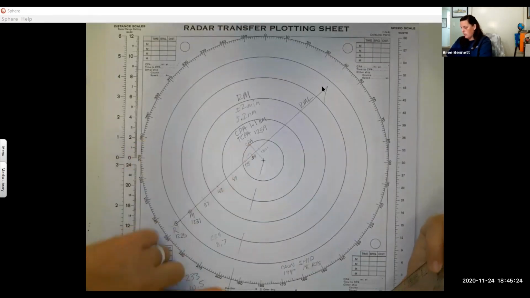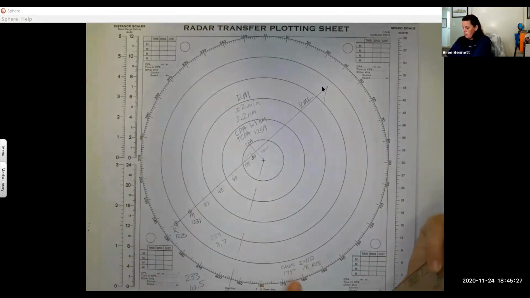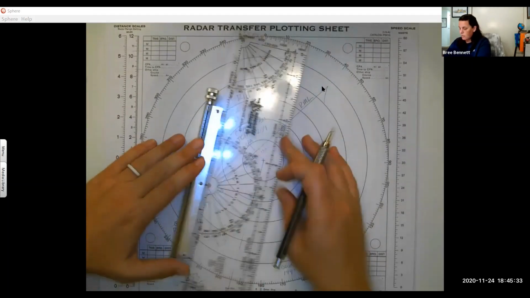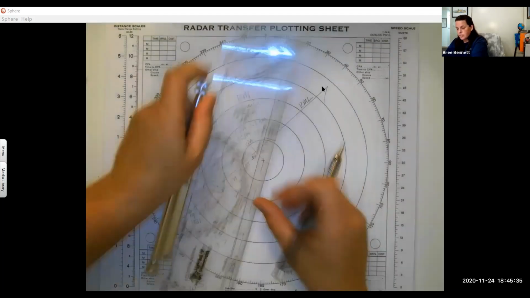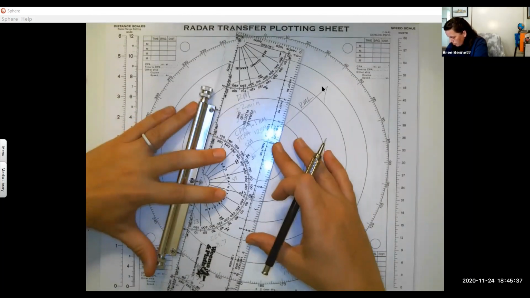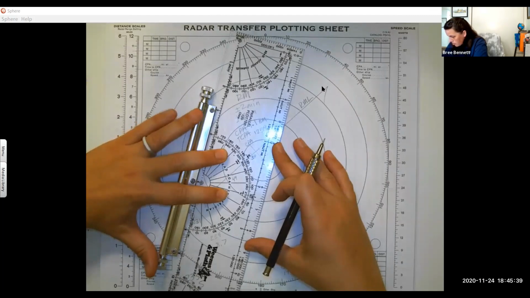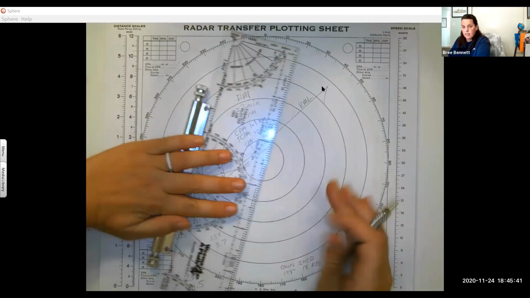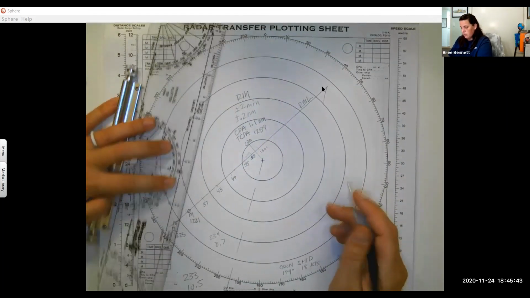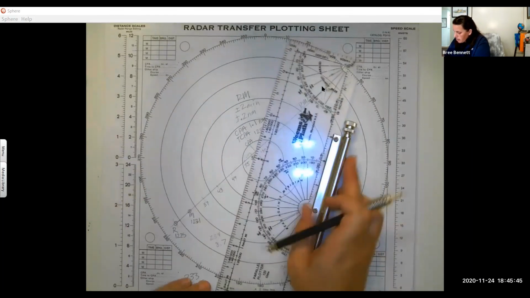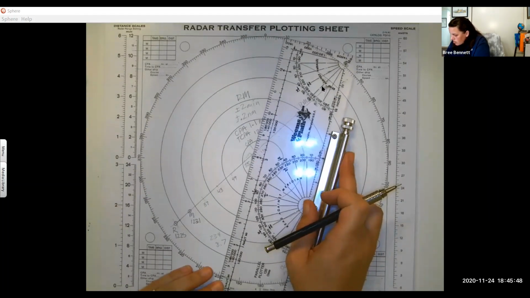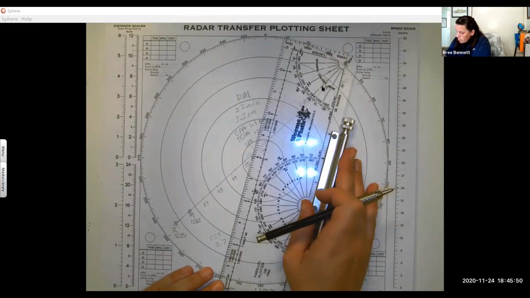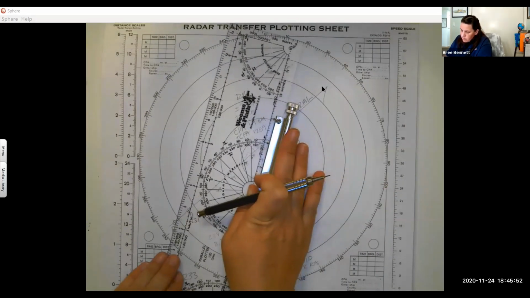So that is our own ship's direction of 194 at 18 knots. So I'm gonna get 194 and parallel that over. Okay, I ran off my chart here. Let's do it this way. Parallel it over to R.